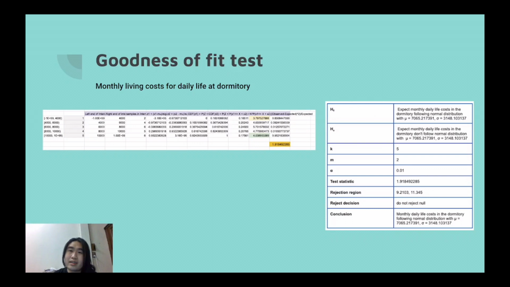Then set the alternative hypothesis to does not follow a normal distribution with the same mu and SD. We will test it with the significance level alpha equal to 0.01, k equal to 5, and m equal to 2. The test statistic is 1.918, which is not in the rejection region on the table, as you can see. So we do not reject the null hypothesis, which makes us conclude that this data follows the normal distribution.